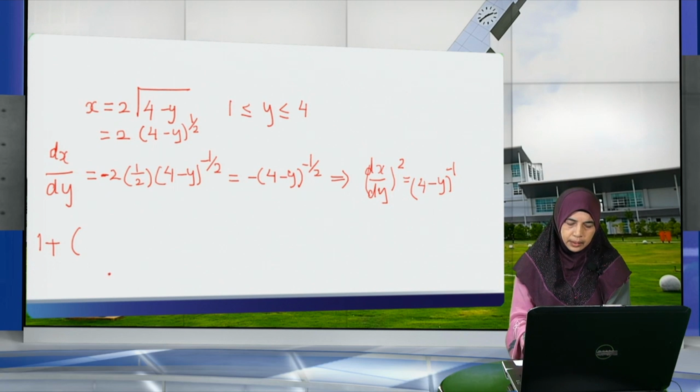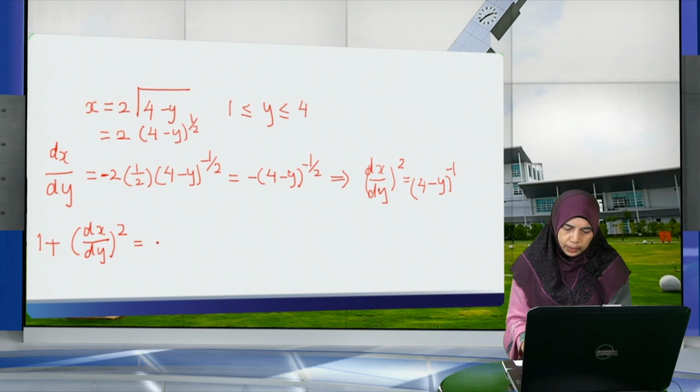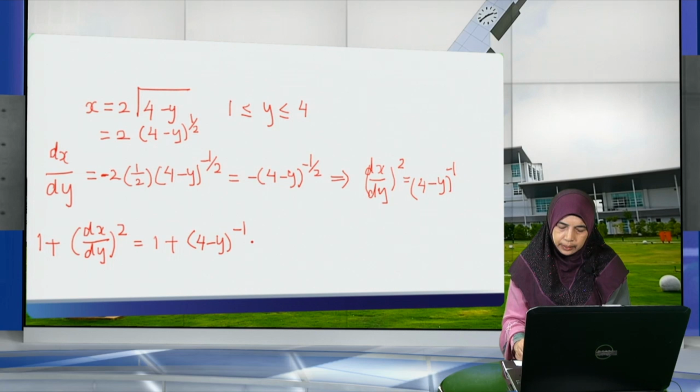So add these two, 1 plus (dx/dy) squared. We will get 1 plus (4 minus y) to the power of minus 1.